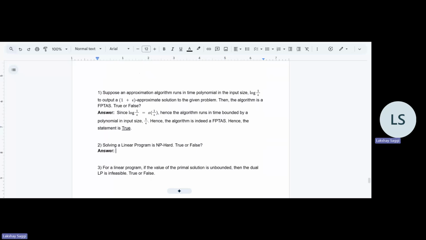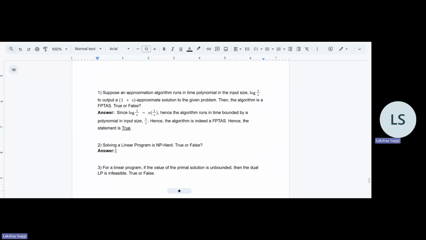So, mostly, solving a linear program is not NP-hard. Linear programs can actually be solved in polynomial time.